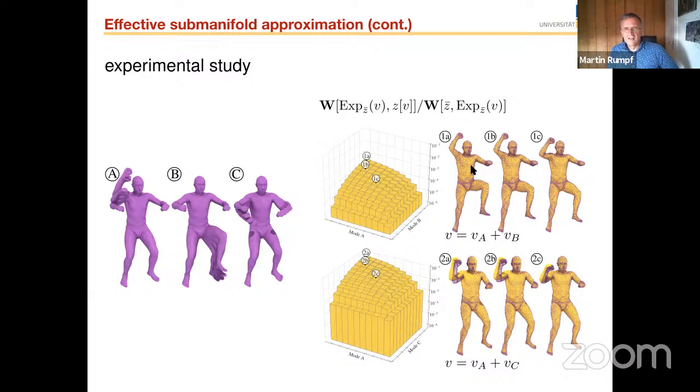The point cloud is the solution obtained just by adding these L theta vectors resulting from shooting in different disjoint directions. That is completely different in the case where there is a strong overlap of the modes, which is indicated here. Here is mode A, mode C. So you see here a big error: exact reconstruction versus reconstruction just by shooting in the different directions and then just linear combination.